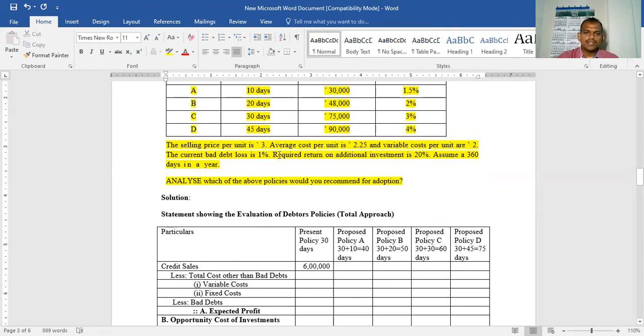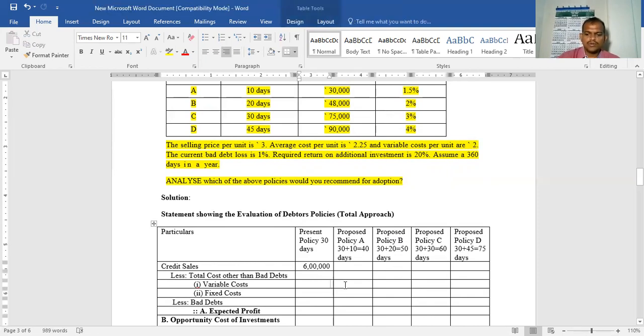So how many units are there? 6 lakhs sales. Selling price 3 rupees. 6 lakhs by 3 rupees means 2 lakhs units we have. 2 lakhs into 2 rupees. Variable cost is 4 lakhs, right?